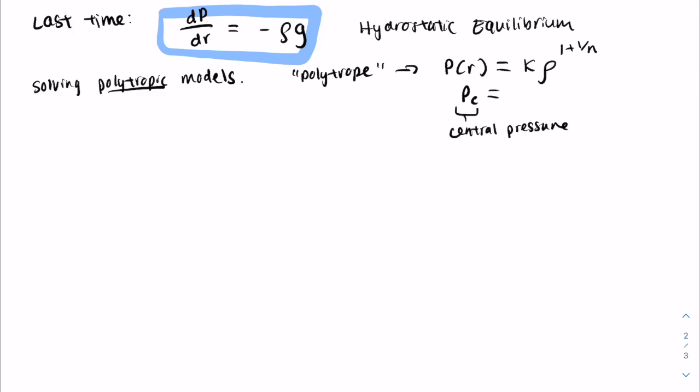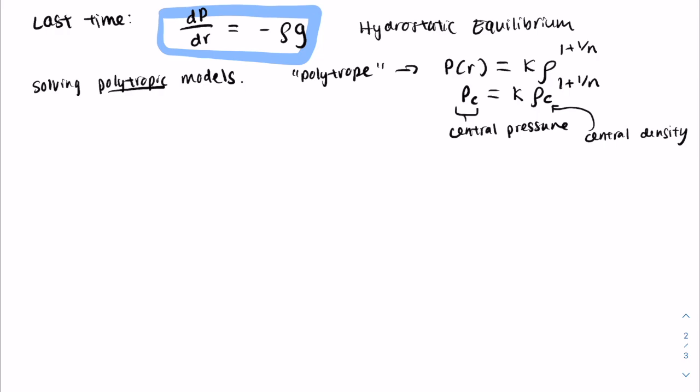In this setup, if you're assuming that this is the equation of state that applies throughout your entire body, then your central pressure is defined in terms of your central density, just plugged into this equation of state. And the n coefficient is called the polytropic index.